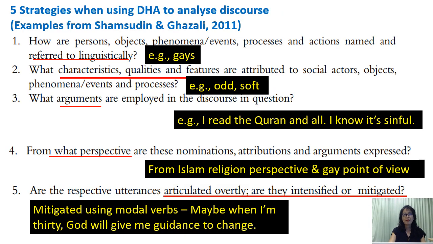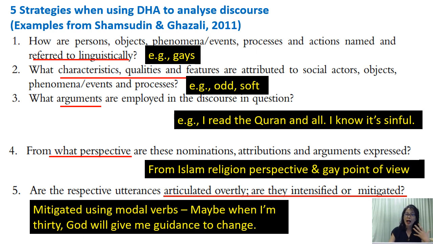Now, let me explain this with examples from Shamsuddin and Ghazali 2011, who analyzed LGBT individuals' description of themselves. Number 1, how do they refer to themselves linguistically? Example, gays. Number 2, what characteristics are used to refer to the gays? Maybe odd, maybe soft.